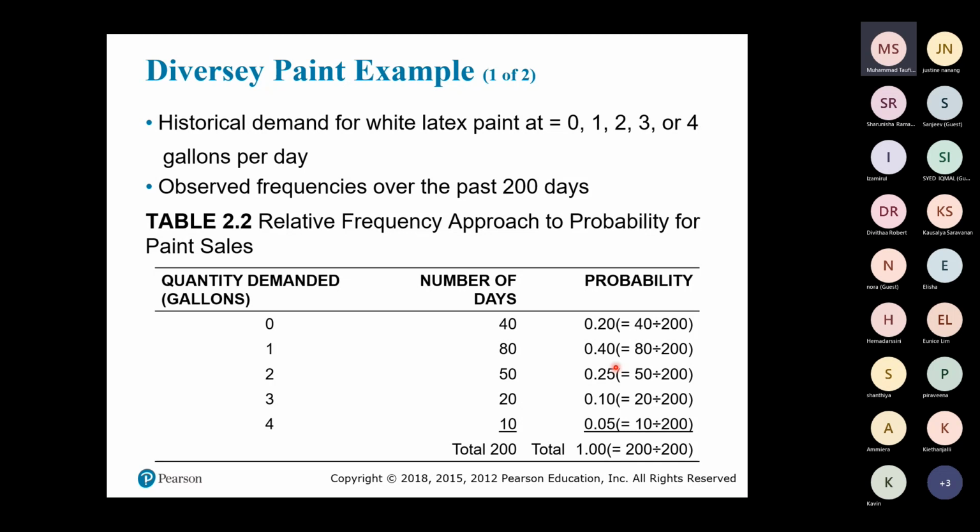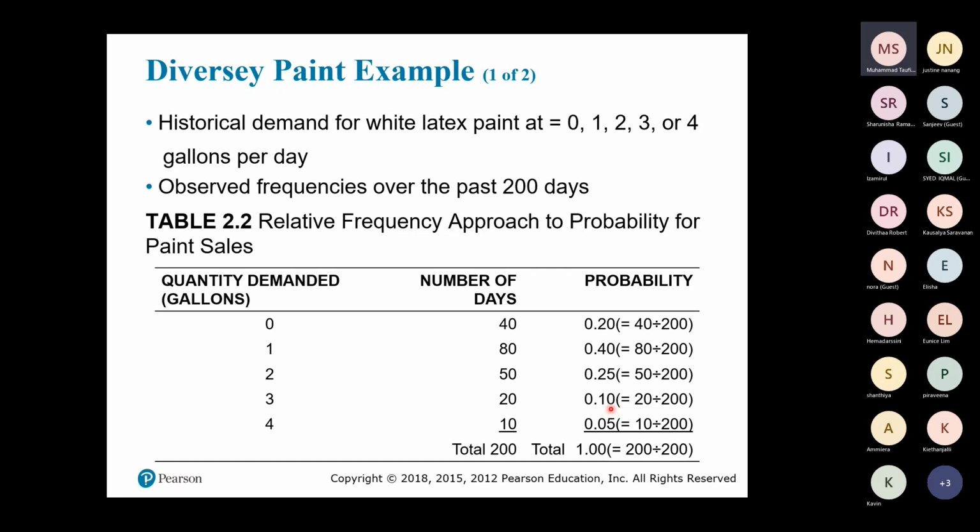Then there is a 25% chance that people will buy more, which is 2 gallons. And there is also a 20% chance that people will not buy any paint from you.